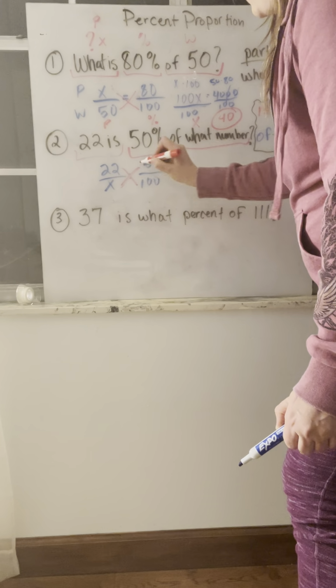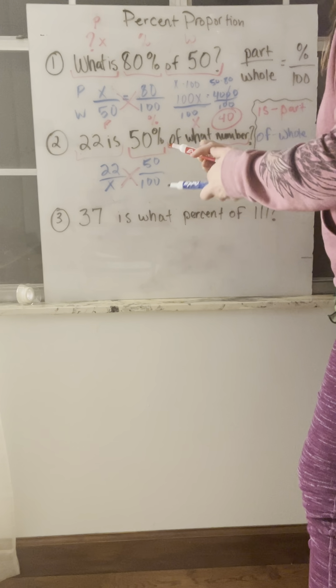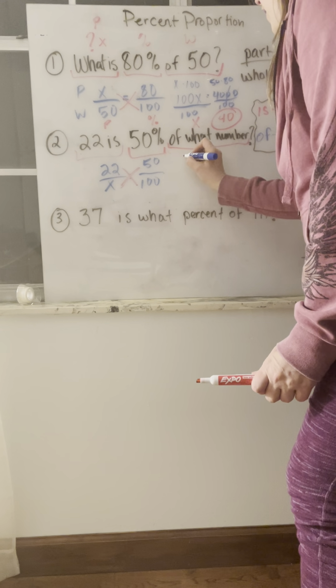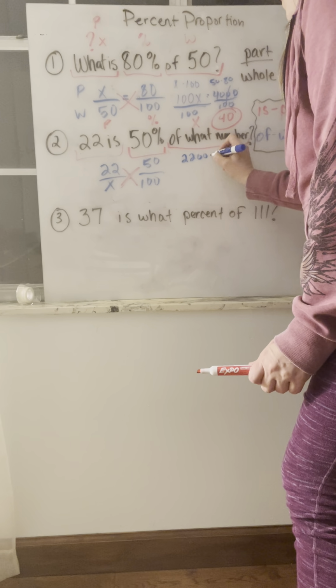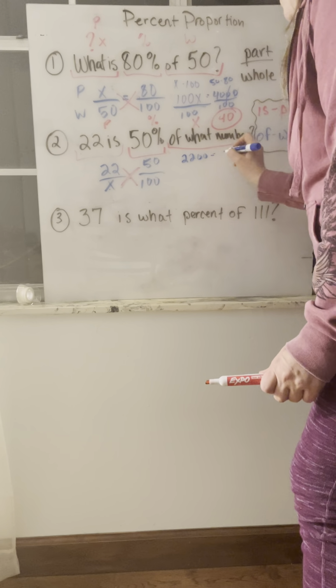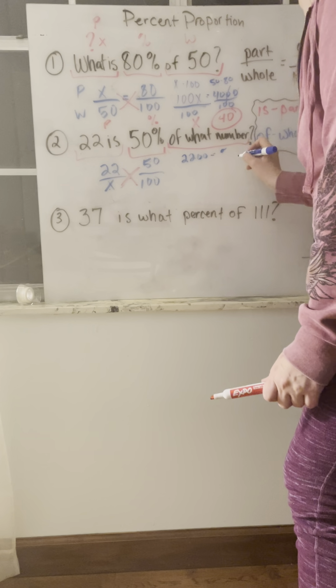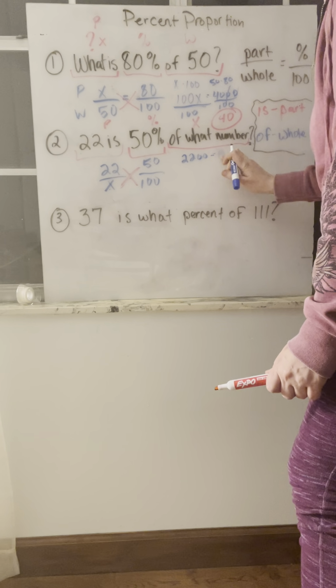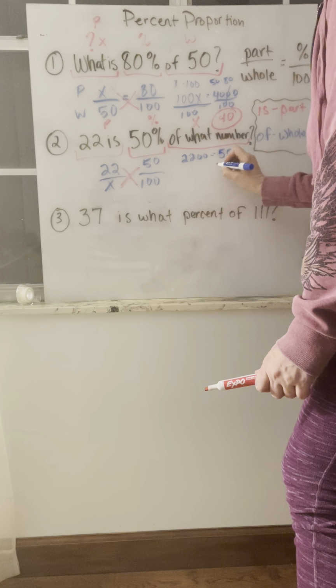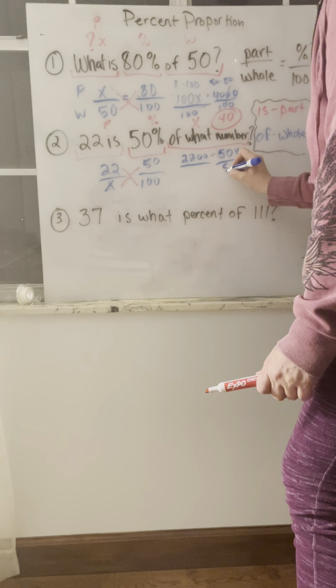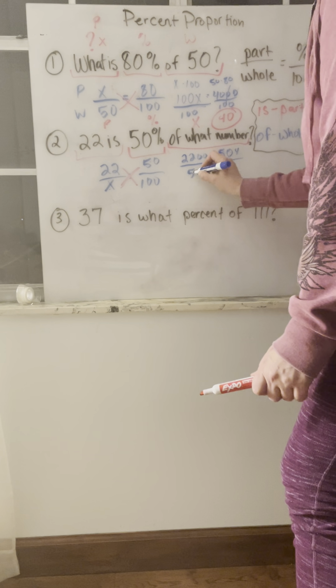I'll start at the top and multiply. 22 times 100 is 2200, equals 50 times x, or x times 50, is 50x. Remember, the 50 always goes before the x. We divide both sides by 50. Now, don't be confused.